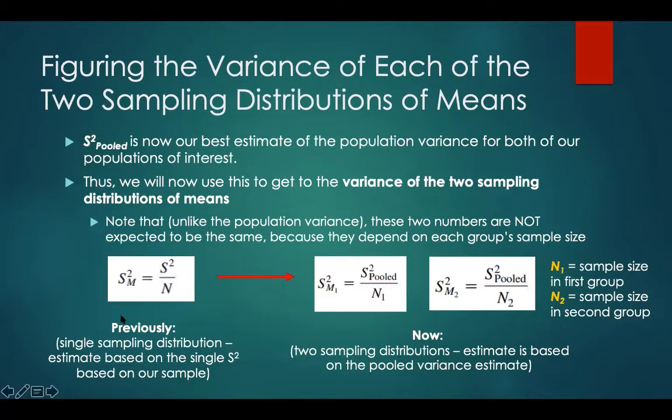Now previously, this estimate of the variance of a sampling distribution of means was for a single sampling distribution, and the estimate was based on the single S squared based on our sample. Now we have two sampling distributions of means, and the estimate is based on this pooled variance estimate for both of those sampling distributions.